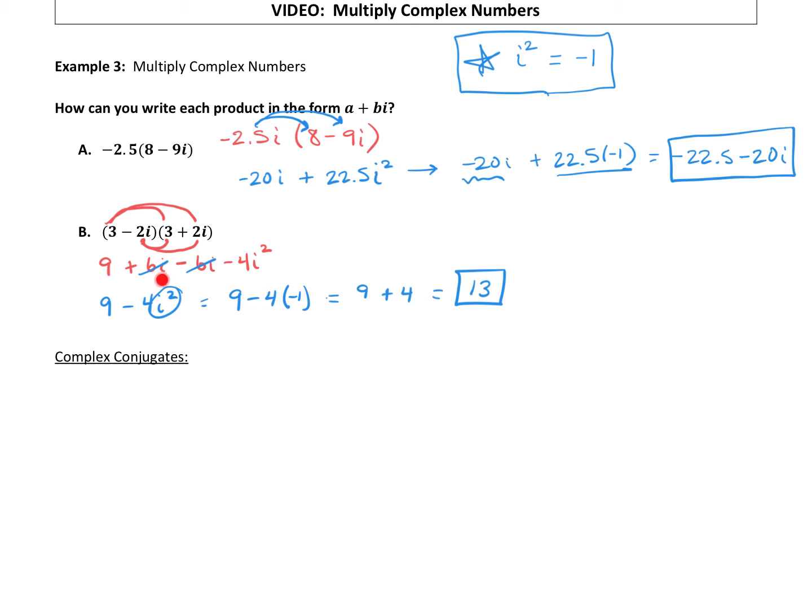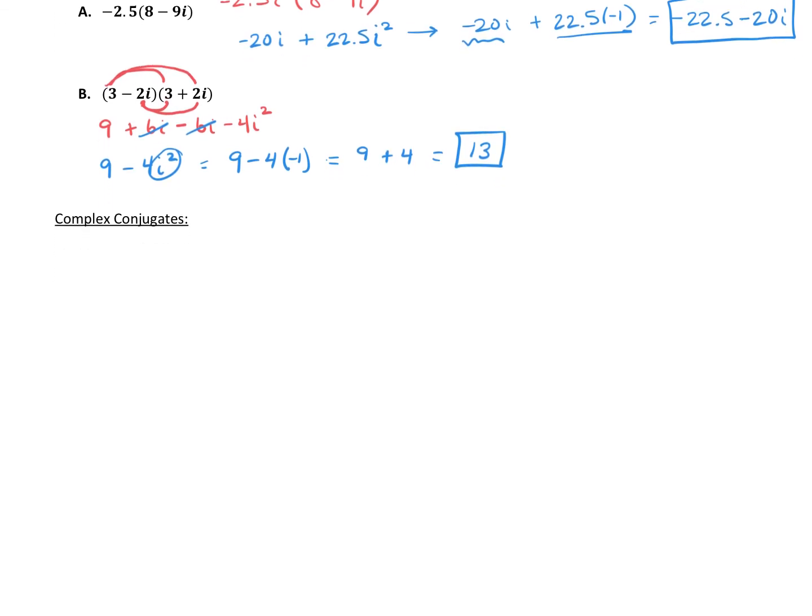When you combine like terms in the middle like this, they don't always cancel. They will cancel if you are multiplying complex conjugates. So let's define what a complex conjugate is. Complex conjugates are complex numbers with equivalent real parts and opposite imaginary parts.